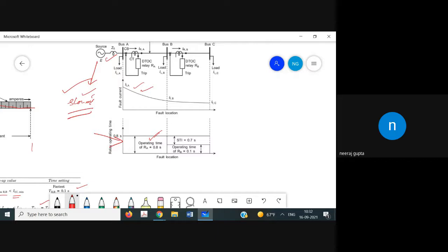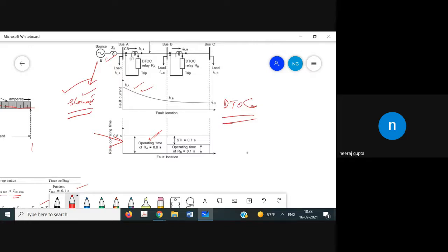Because of the coordination issues, the operating time of the relay is high as we move towards the source, even though the current is more. This is not desirable in the case of DTOC relays.